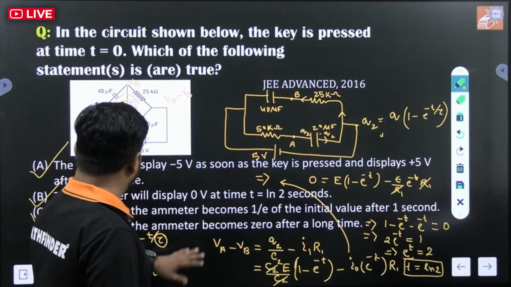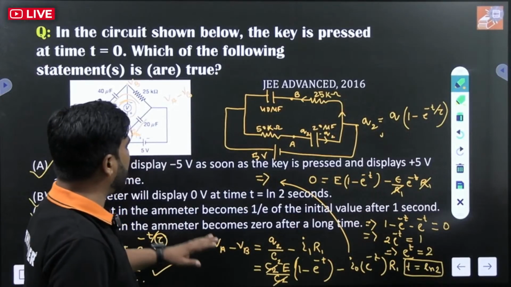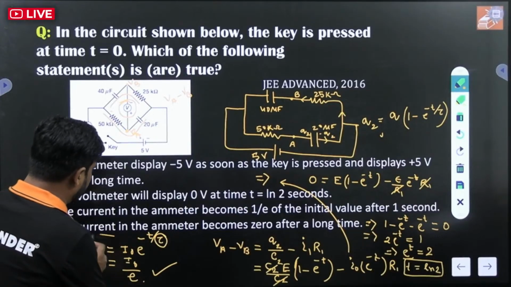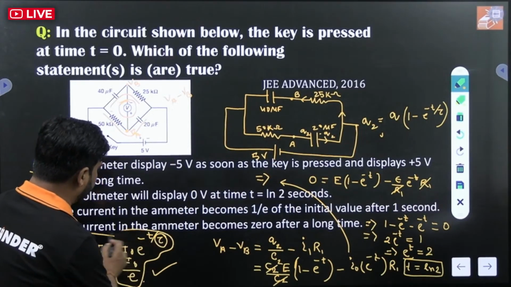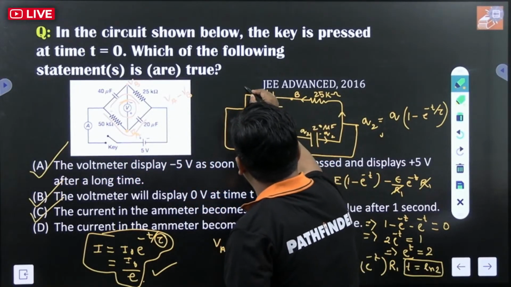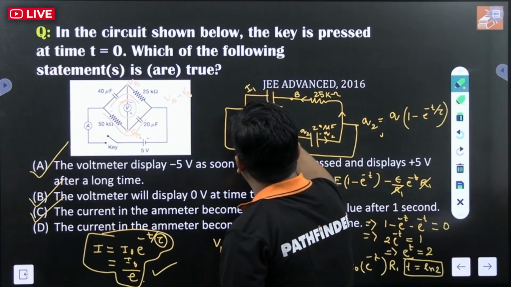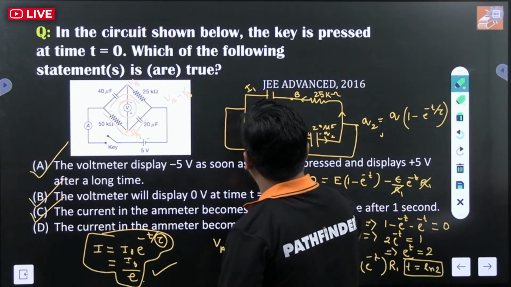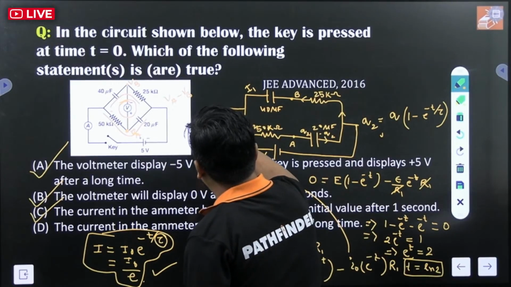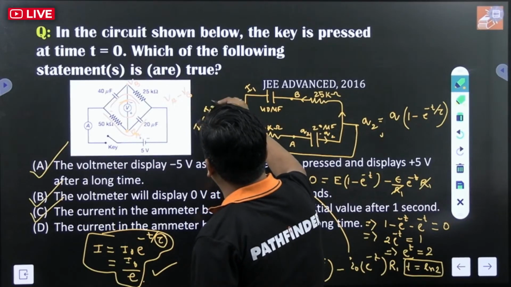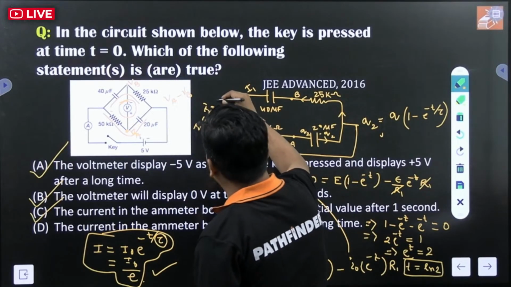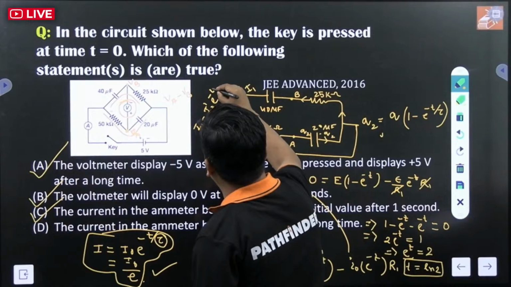And the fourth option, the current in the ammeter becomes 0 after a long time. This one is clear, no? How did we get this one? Suppose this is having I1 current and this is having I2 current, for example. So I1 value will be, suppose I am writing I naught dash, the maximum current in the upper half of the circuit, into e raised to minus t by tau.